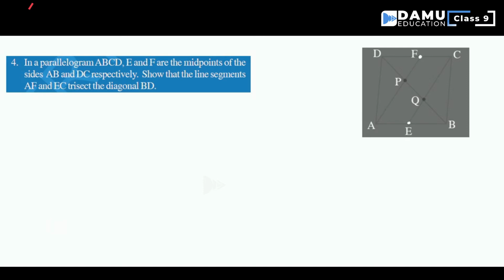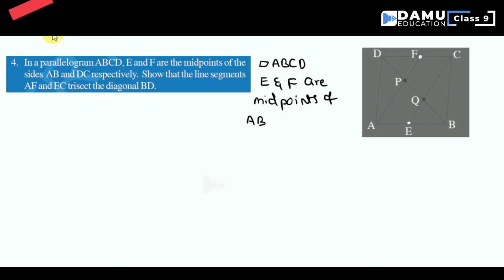Then what do you have to write here first? The given statements we have to write. So parallelogram ABCD is given. Then E and F are midpoints of AB and CD, these are the points.